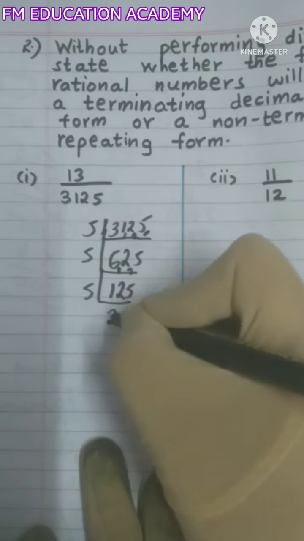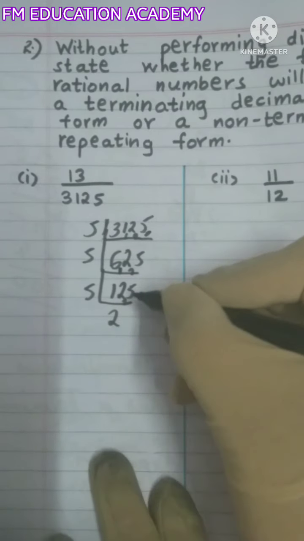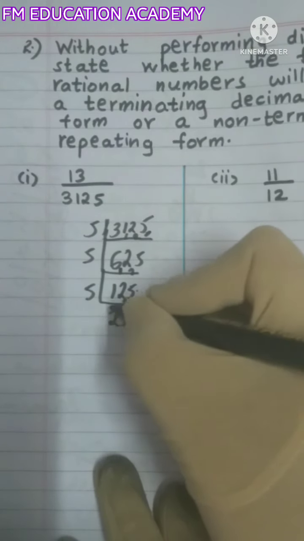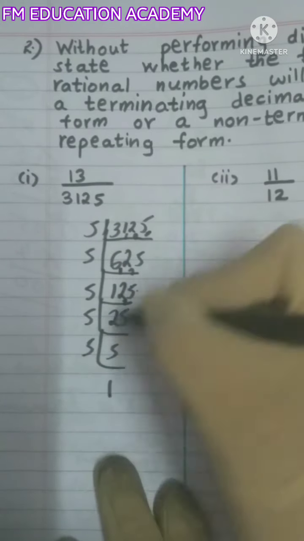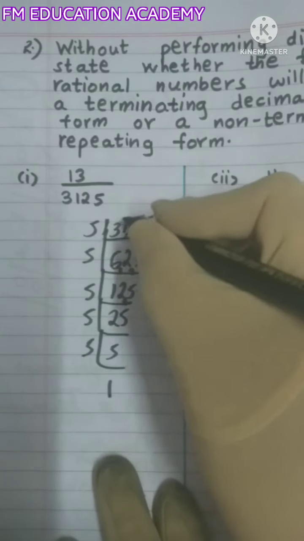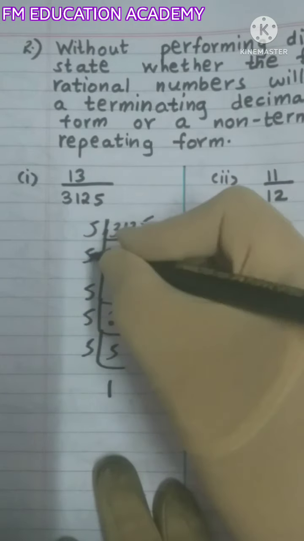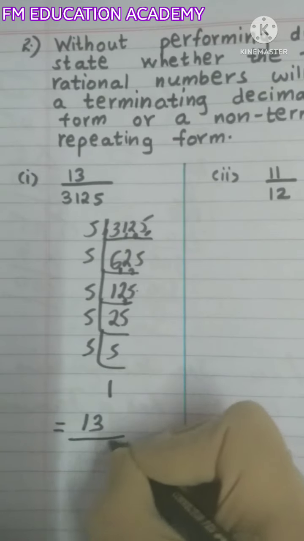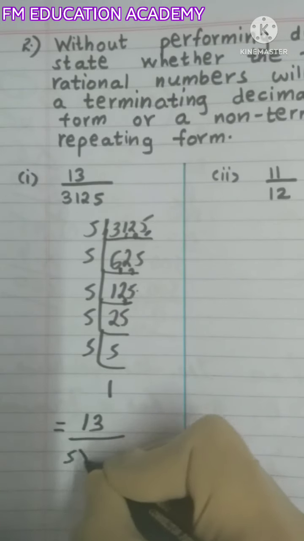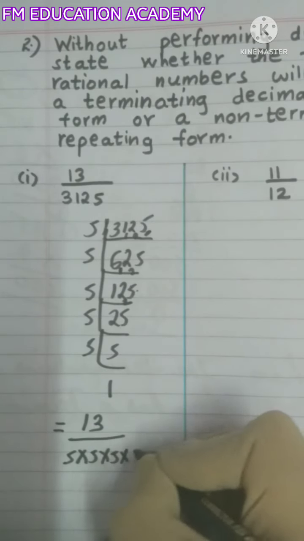Again with 5, 5 2s are 10, 2 minus 0 is 2, 5, 5 5s are 25, 5 1s are 5. So we can write 3125 as 5 times 5 times 5 times 5 times 5. So 13 by 3125 can be written as 13 by 5 into 5 into 5 into 5 into 5.